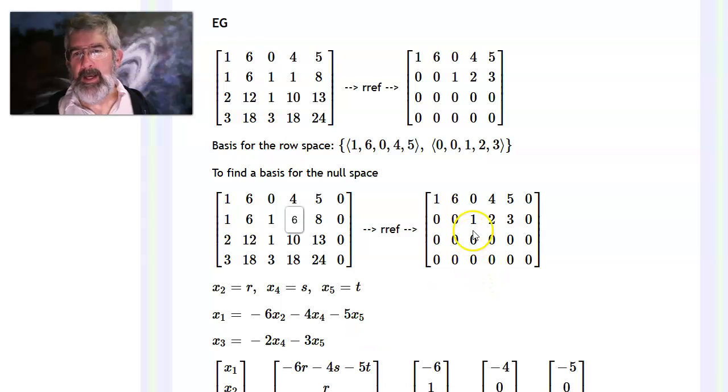And likewise, x3 is minus 2x4 minus 3x5 when you move those over to the other side of the equation.